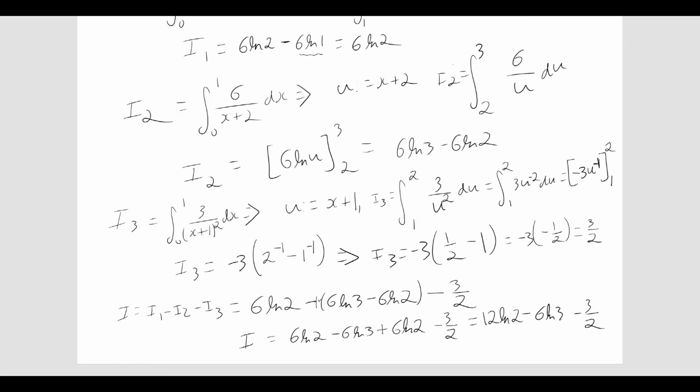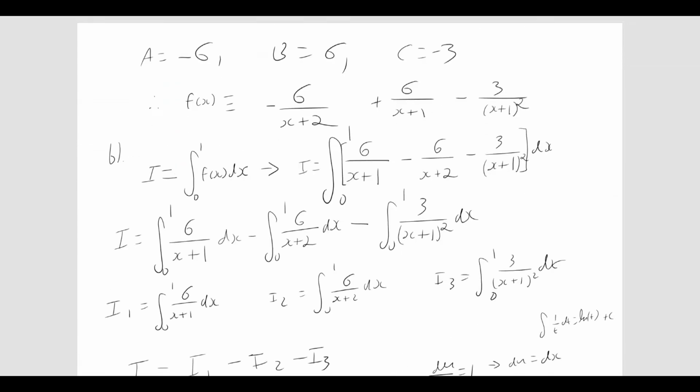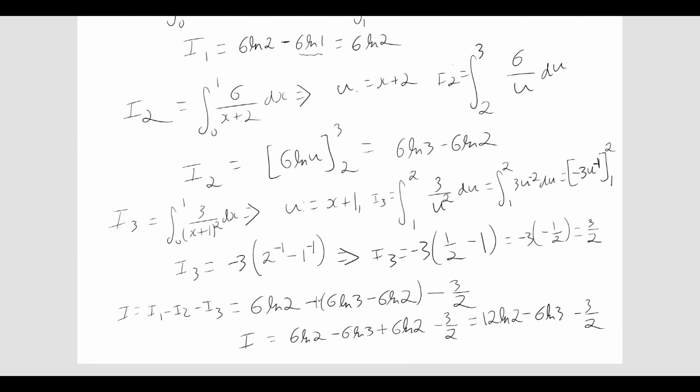Now, they're asking for the answer to, I believe, 3 decimal places. So I think the reason they're asking for 3 decimal places is because they want you to manipulate it down to this stage and then put it into your calculator. They don't want you rounding I1 and I2 and I3. They want you rounding at the end.